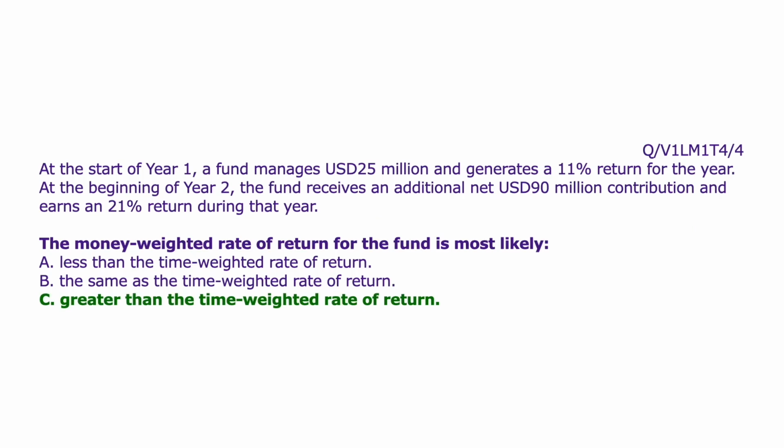A fund earns returns in 2 years, plus 11% in year 1 and plus 21% in year 2. But in year 2, there is a huge new contribution, 90 million US dollars, compared to the original 25 million US dollars.